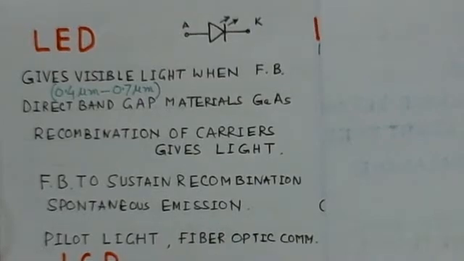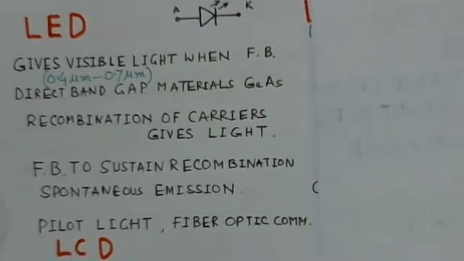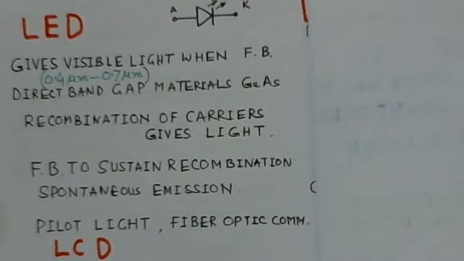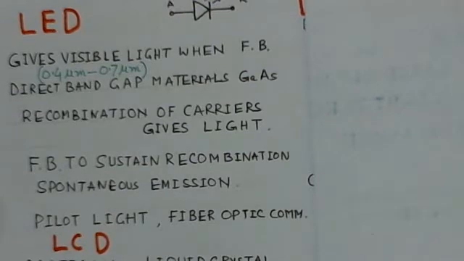That means whenever the energy of the carrier has increased, and they have gone from the valence band to the conduction band, the emission which occurs in these is a spontaneous emission. It's a kind of random emission that occurs in these diodes. These LEDs find applications as pilot lights and in the area of fiber optic communication.